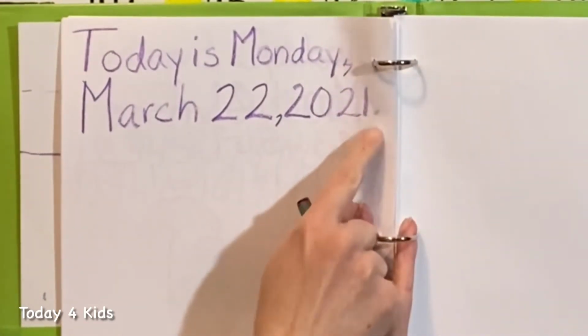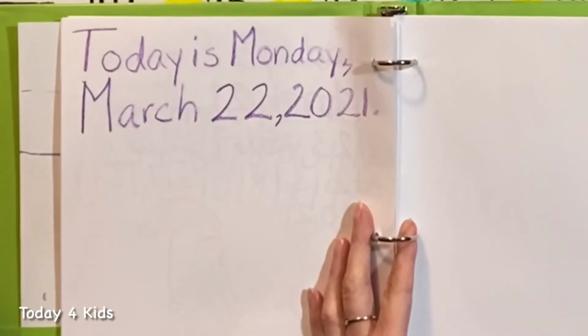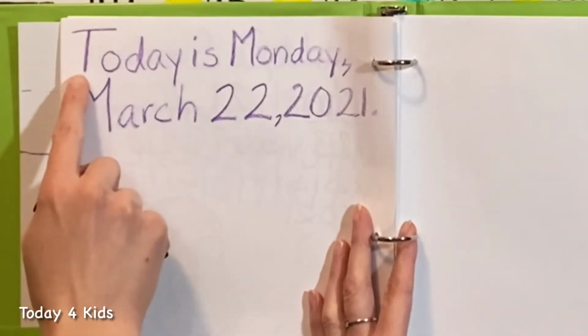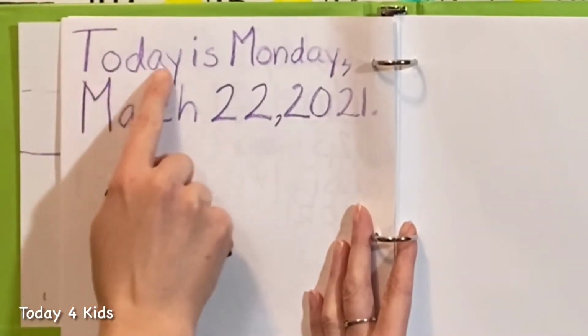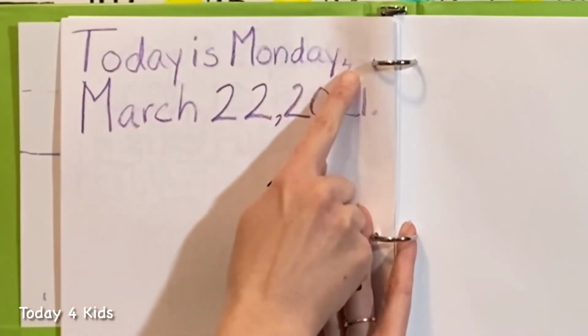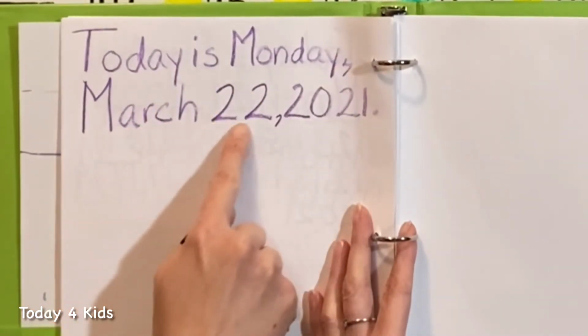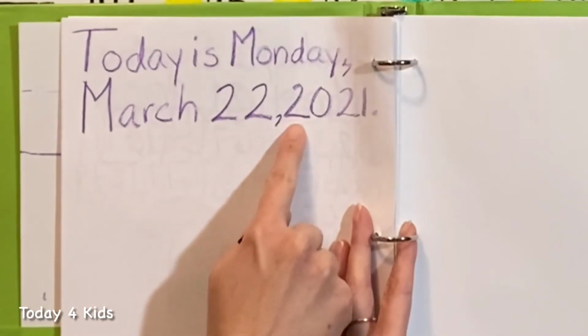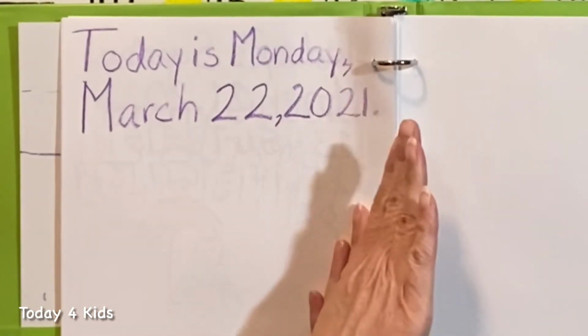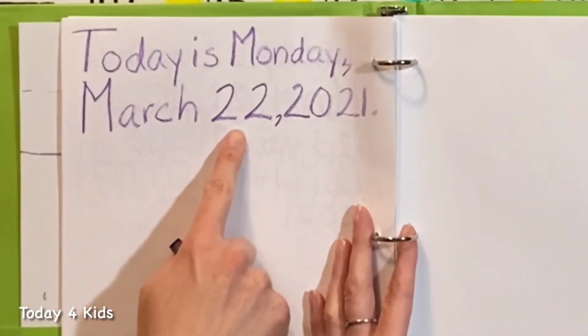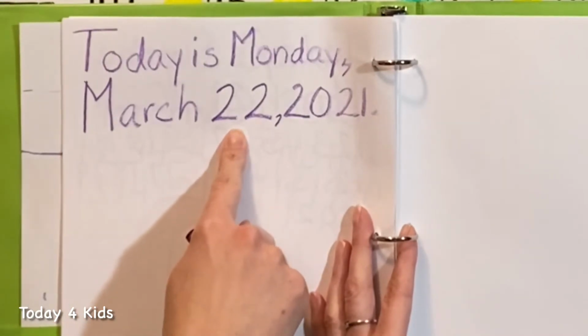And that period reminds us to stop. We're not going to say anything else after that word. Let's say the whole sentence together. Today is Monday, March 22nd, 2021. Good job.